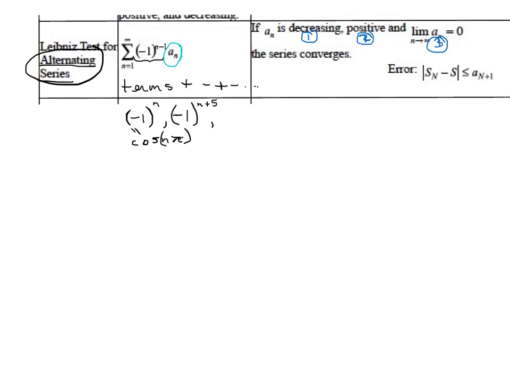We want to show that a sub n, so notice this doesn't include the -1 to the n, so you ignore that part and see whether a sub n is decreasing, if it's positive, and if the limit goes to 0. And if all of that is true, then it converges. You're done.